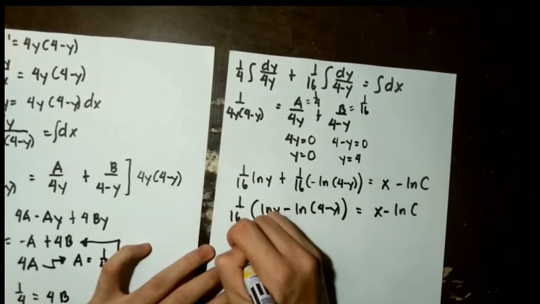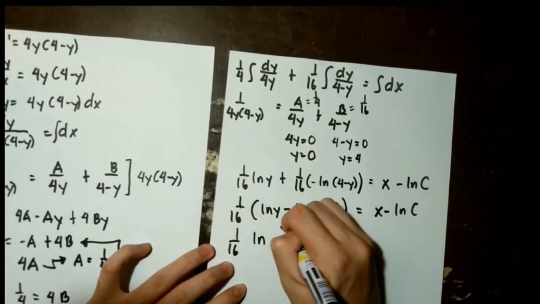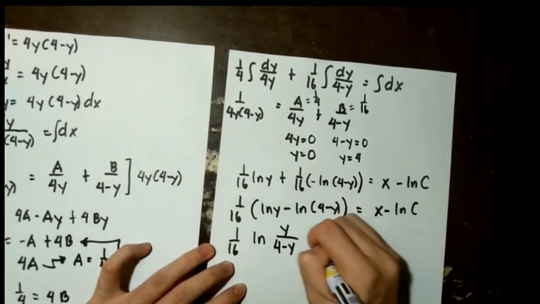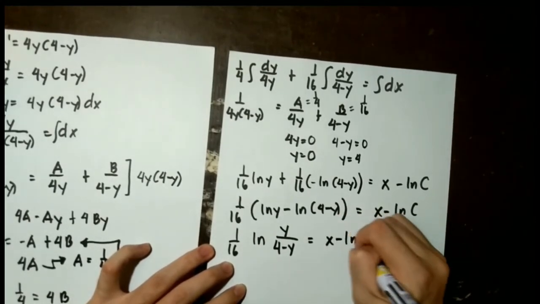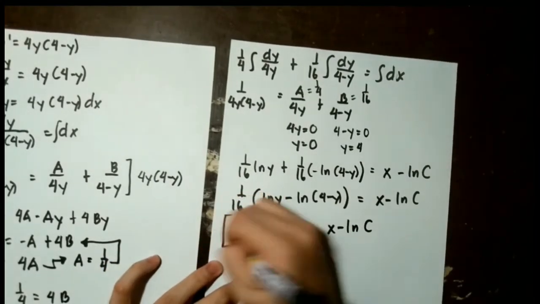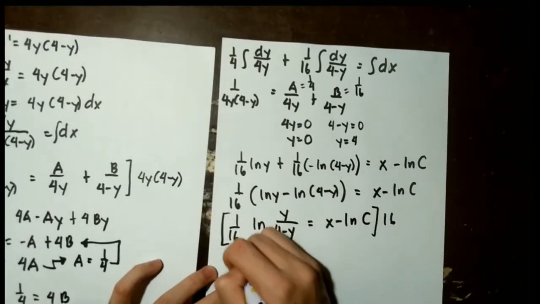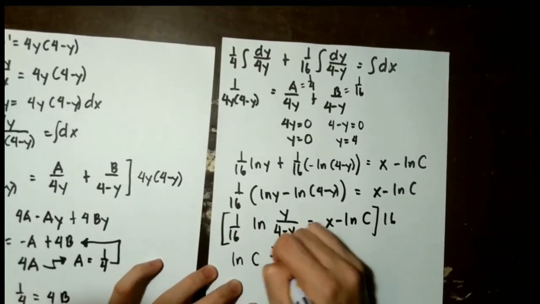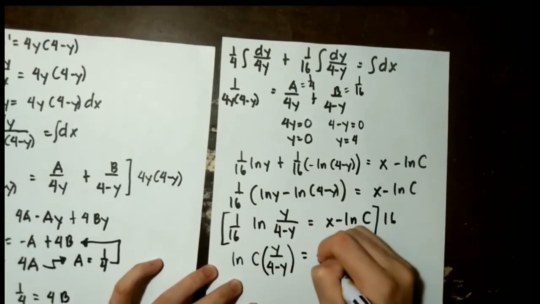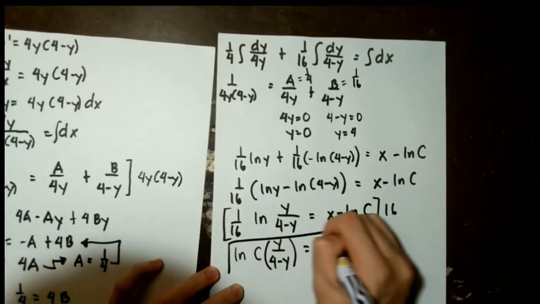So 1 over 16, gawin na lang natin siyang ln ng y over 4 minus y is equal to x minus ln c. Pag nilipat natin yung ln c sa kabila, i-multiply natin sa 16. So magiging final answer natin ay ln c ng y over 4 minus y is equal to 16x. So ito na yung pwede nating maging final answer.